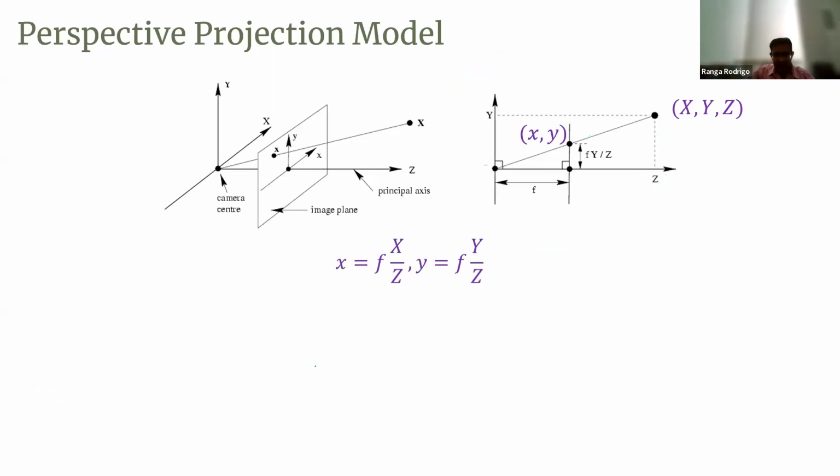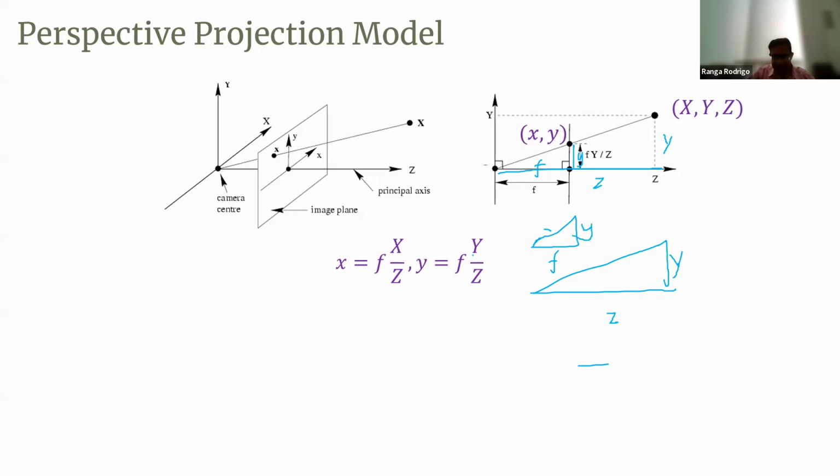Okay. So small x, small y, as you can see, this is capital Y. This is capital Z. This is small y, right? This is f. Because of these similar triangles, here is one triangle, here is the other triangle. This is capital Y, this is capital Z, this small f, this small y.